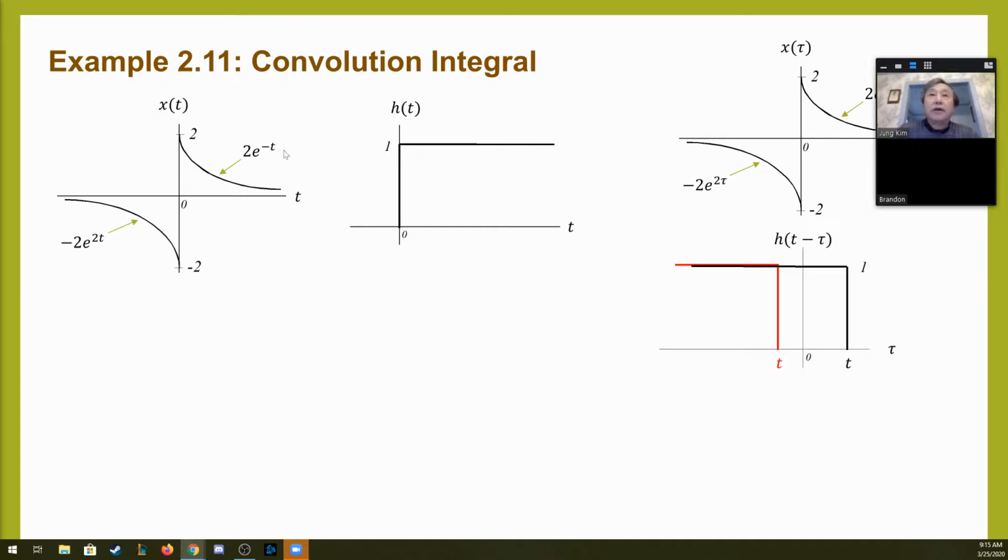And t is a constant in the tau domain, then you move. If t is minus 10, you go to minus 10. If t is minus 100, minus 100. Any number from minus infinity to infinity will work, scanning. t is a variable. If you had h of t as, let's say, u of t minus u of t minus 2, would you have to... you don't have to do that.